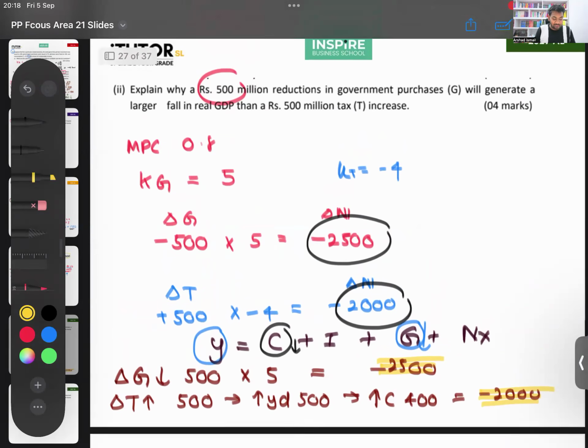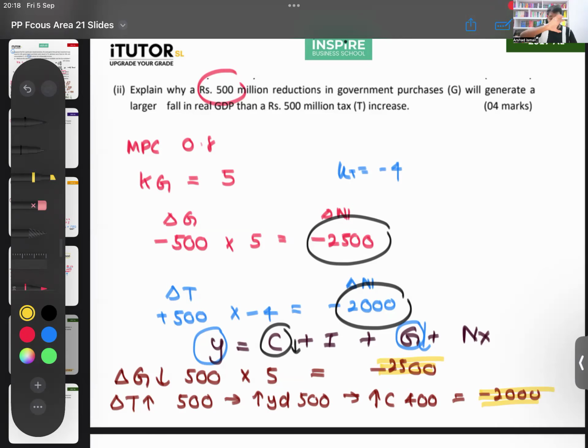So they're asking you to explain that. They're asking why a 500 million reduction in government purchases generates a larger fall in GDP than a 500 million increase in tax. You have to explain that government spending has a direct impact on GDP. Taxes don't have a direct impact. When you change taxes, it first affects your disposable income. Part of that disposable income affects consumption. Then only it affects national income.